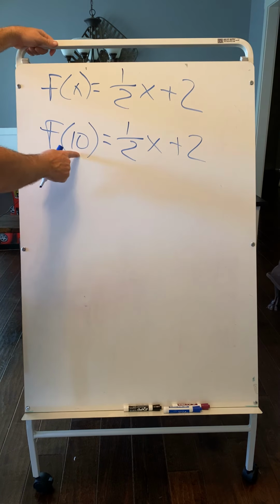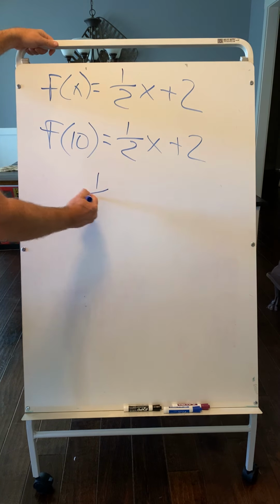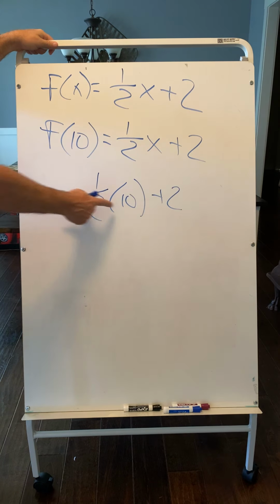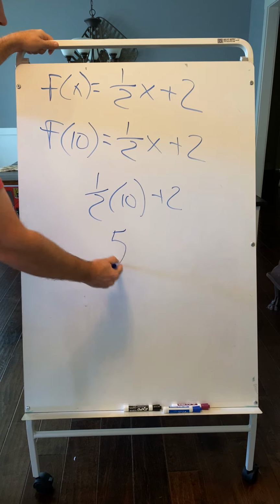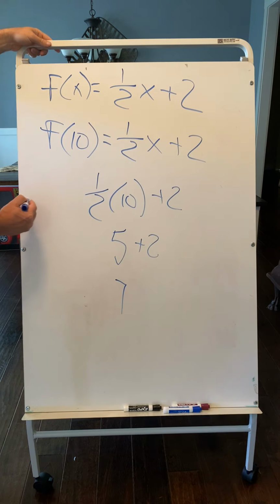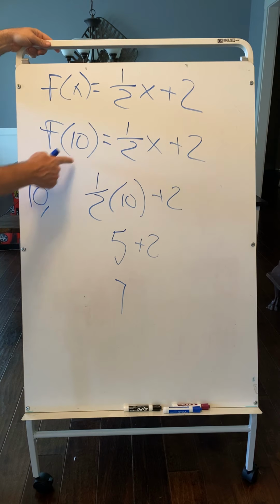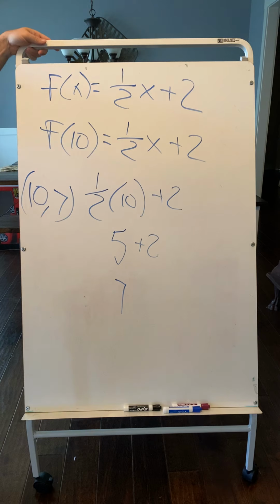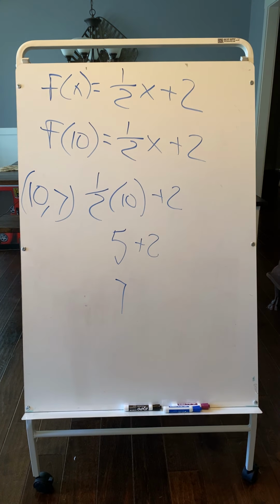Okay, so we're going to plug 10 in for x. So I have 1/2 times 10 plus 2. What's half of 10? It's 5. 5 plus 2 is 7. So you get 10 for your x, because that's your input. 7 is your y, because that's your output. So your answer is 10, 7.